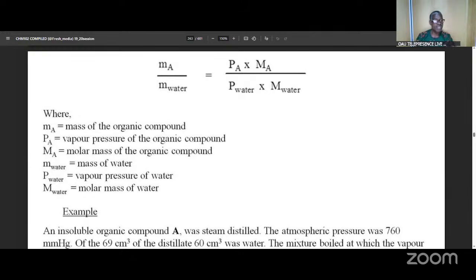PA is the vapor pressure of the organic compound, while capital MA is the molar mass of the organic compound. Small m water is the mass of water, while capital P water is the vapor pressure of water. Then capital M water is the molar mass of water.